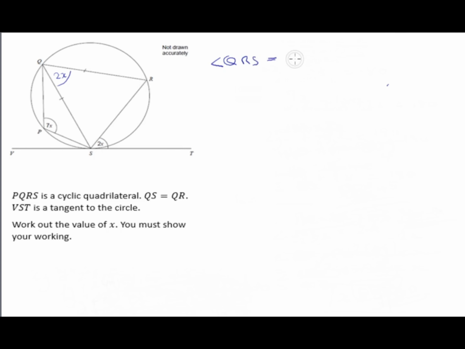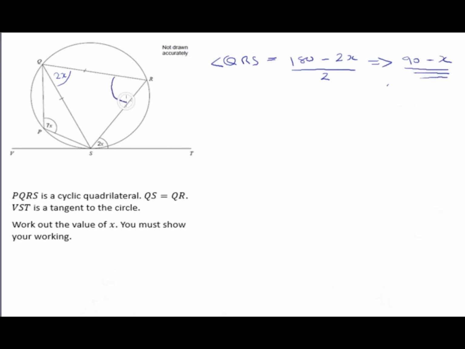All right, so it is 180 minus 2x, and we're going to half it to get angle QRS. Now if we go ahead and half it, we're going to get 90 minus x. All right, so angle QRS is 90 minus x.